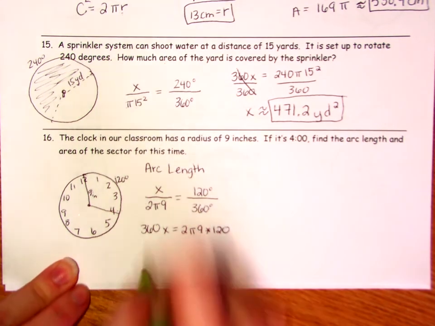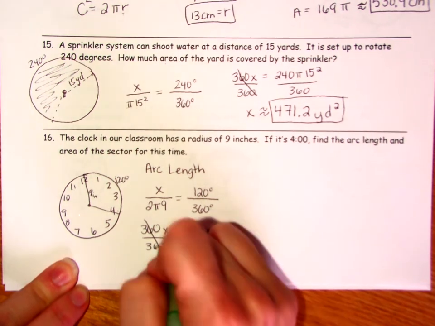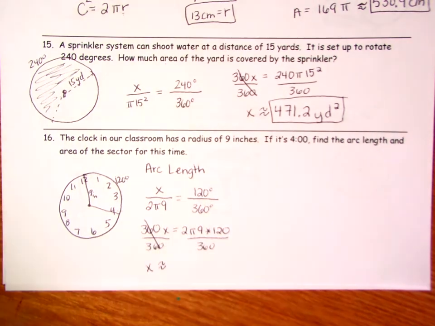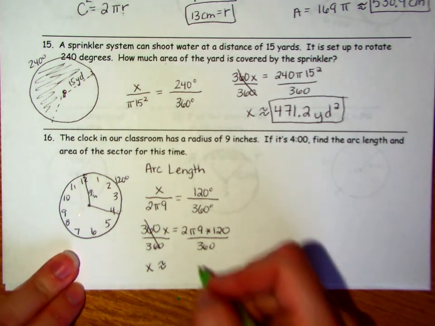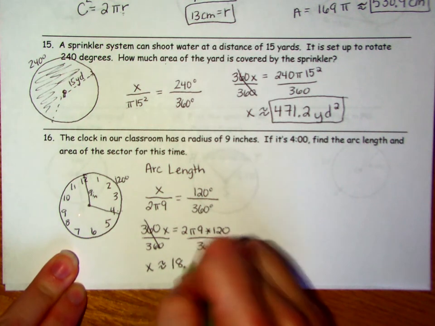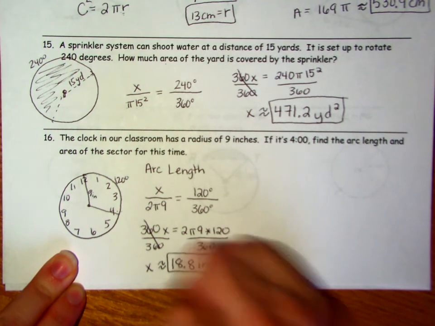What do I do? Both sides I'm going to divide by 360. These will cancel, and x is going to be approximately, give me just a second, x is going to be approximately 18.8, and the unit here is inches. This would be the arc length.